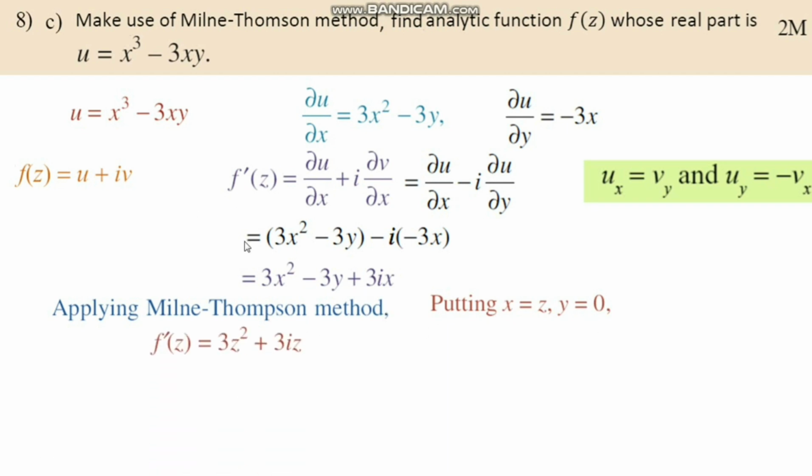f dash of z equals 3x square is replaced with 3z square, y replaced with 0, it is 0, plus 3i, x is replaced with z, 3iz. We need to find the analytic function f of z. It is f dash of z. Integrating on both sides with respect to z.